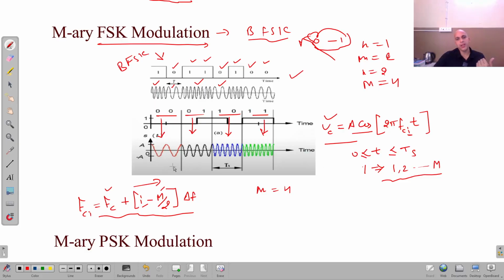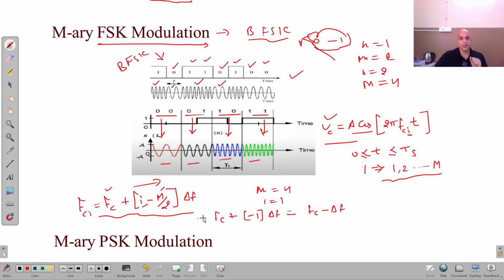According to that, you will have different frequencies as shown here. For example, if you take i equal to 1, it will become fc plus (1 minus 2), which is minus 1, times delta f, so fc minus delta f.